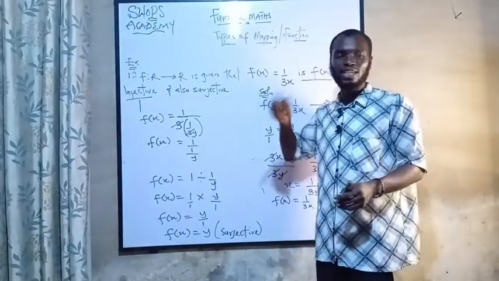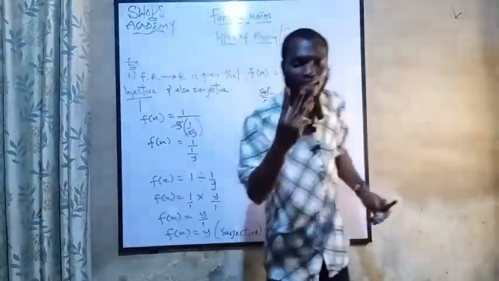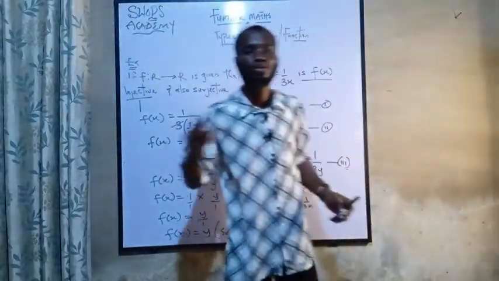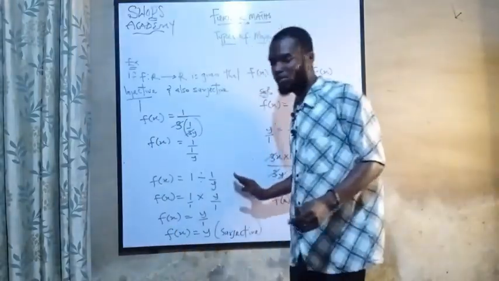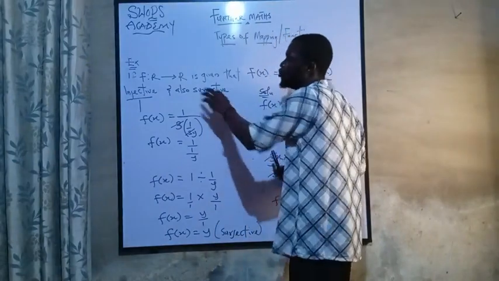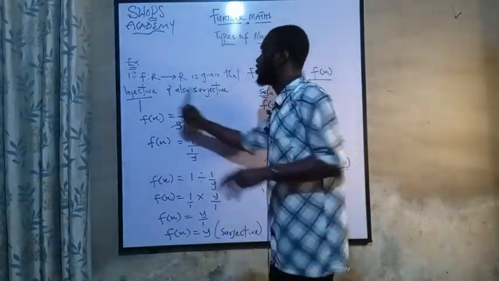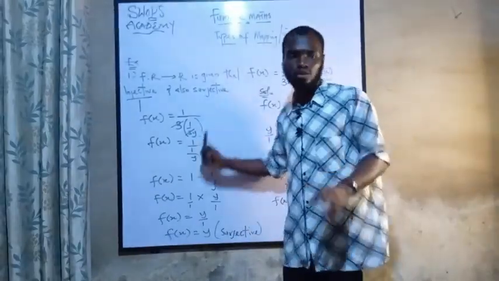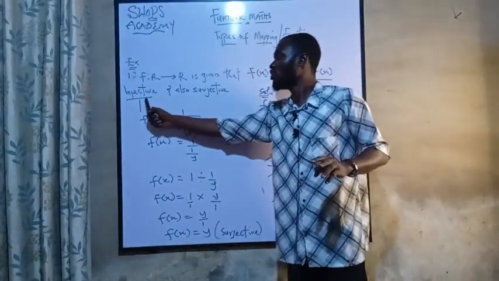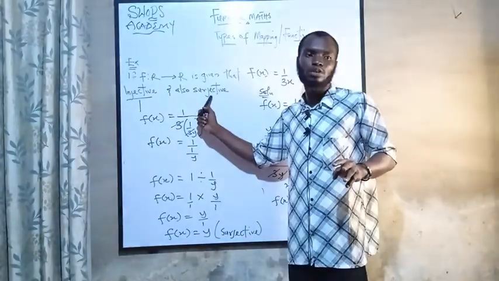So note, the only thing you need to know here is to understand the two conditions for injective and surjective. And this is how you solve that. So now you can arrive at the answer that this question is both injective and surjective. Now the third one, we mentioned that this is one type of mapping, this is another type of mapping.